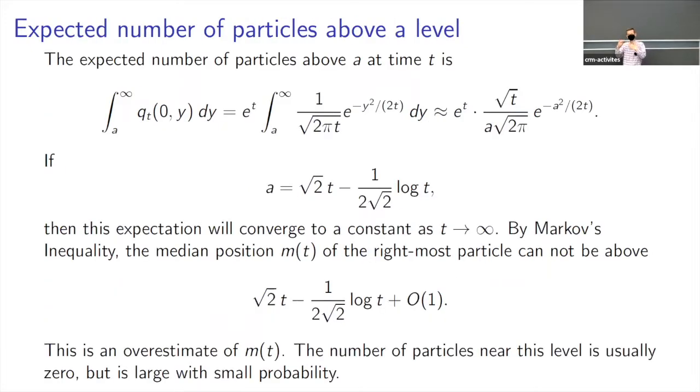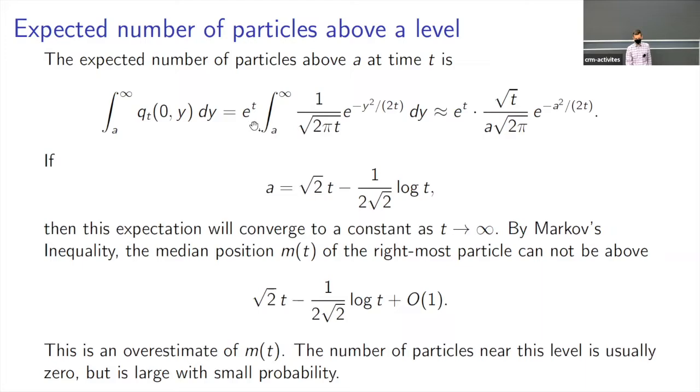So I want to move now to describe some of these famous results on the location of the rightmost particle. And I want to begin just by calculating the expected number of particles above some level, which I'll call a. So to calculate the expected number of particles that are above a at time t, we simply have to integrate the density q_t(0,y), because we're starting with one particle at 0, from a to infinity.